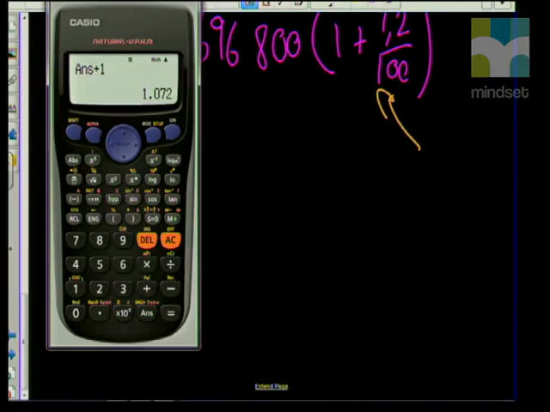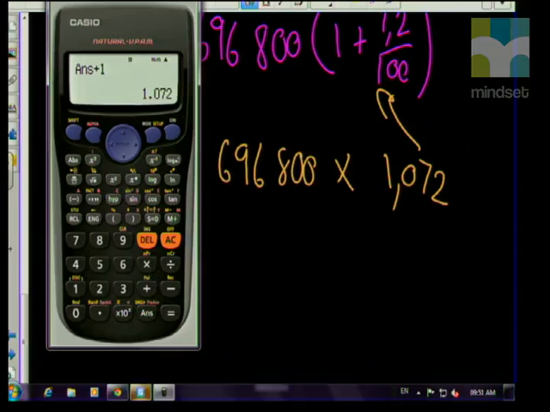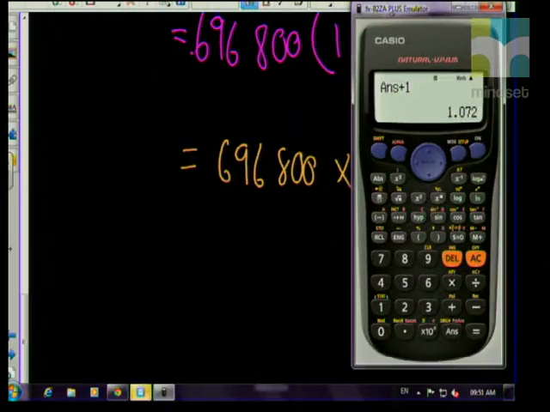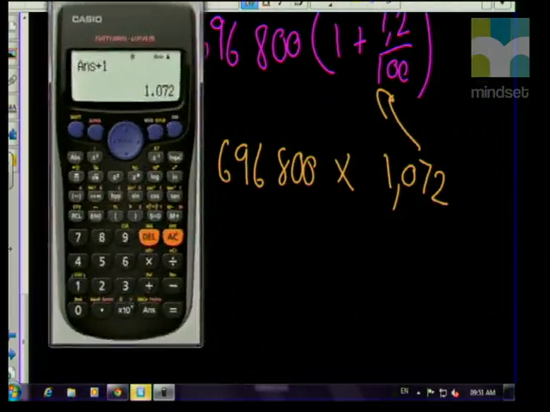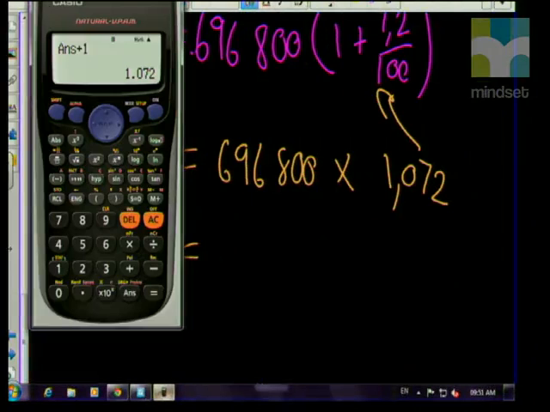So the answer that I've got, 1,072. And now I'm going to multiply that answer by 696,800. And that will give me the amount after 2 years. So if you wanted to, you could carry this on. But let's see exactly what the answer is.